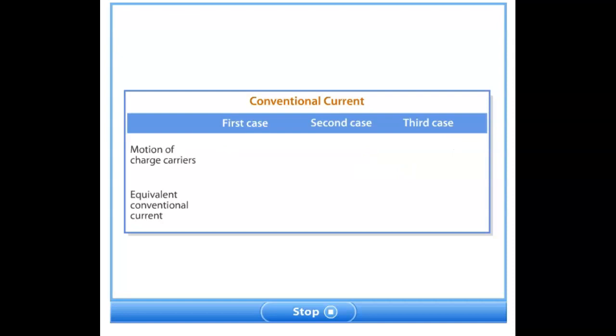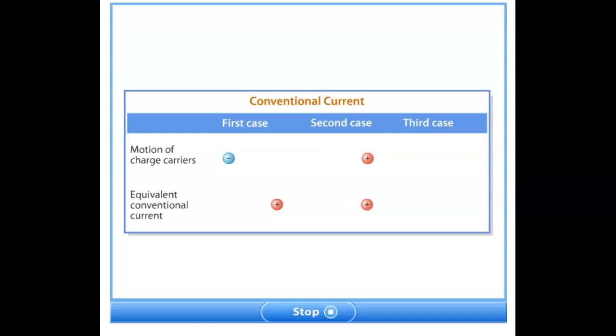In the case of a current within a metal, the actual current is due entirely to the movement of negatively charged electrons. If the electrons, which are negatively charged, move from right to left, the conventional current is an equal amount of positive charge moving from left to right. In particle accelerators, currents can consist entirely of moving protons.